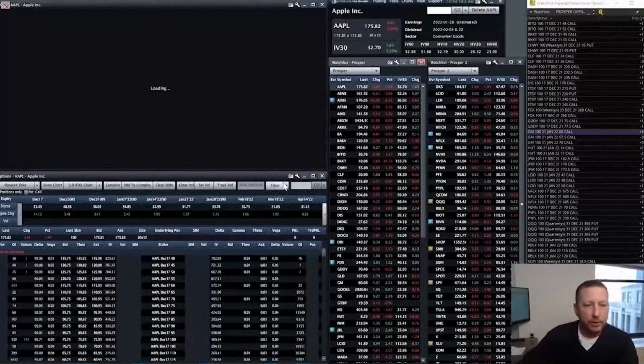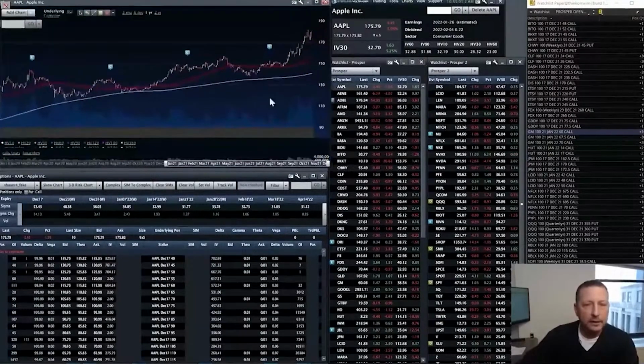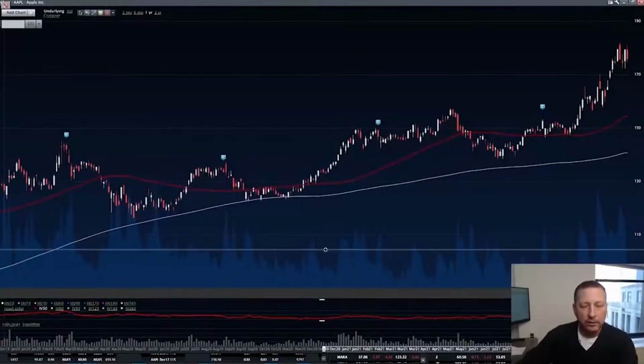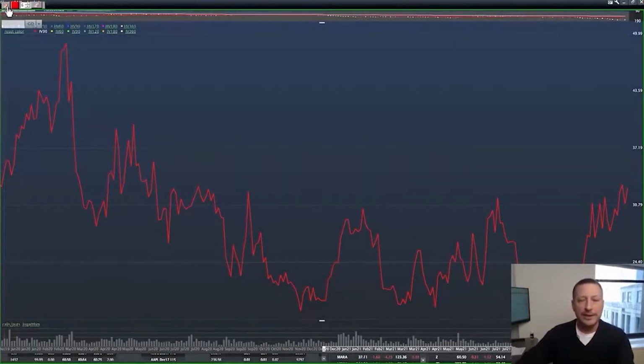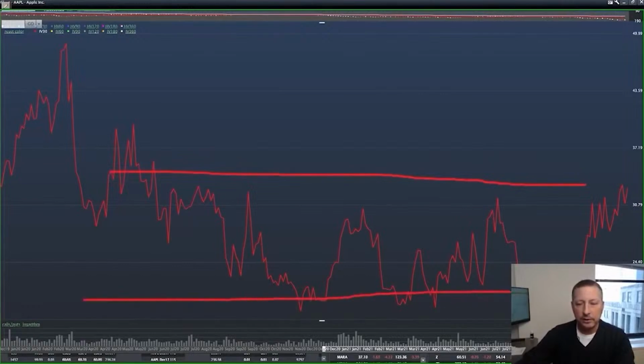If we look at this chart here, which is now just implied volatility, it looks like a stock chart, but you're going to see trends, highs and lows. Now, implied volatility is something that is called mean reverting.